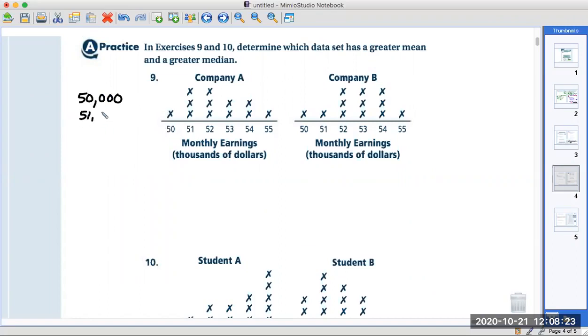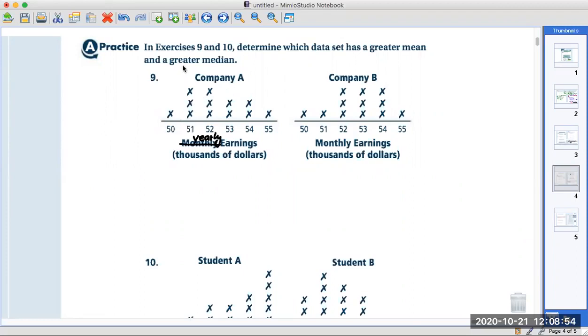That's not a monthly income unless you're the president of a big, huge company. CEOs make more than that. But this is not real for a normal income. So I bet this is yearly. I bet they made a mistake. But I'm not going to worry about it. I'm just using the numbers: 50, 51, 52, 55.